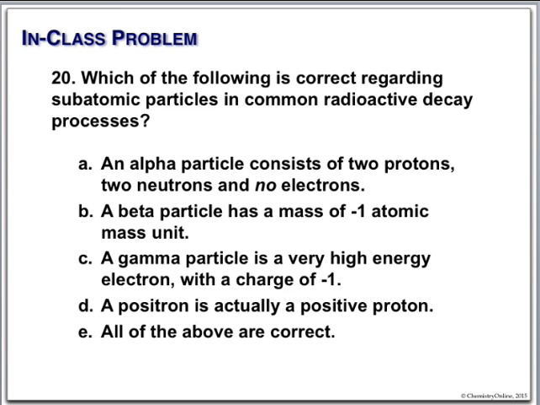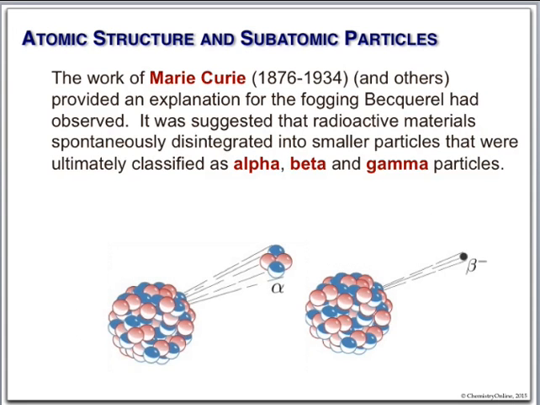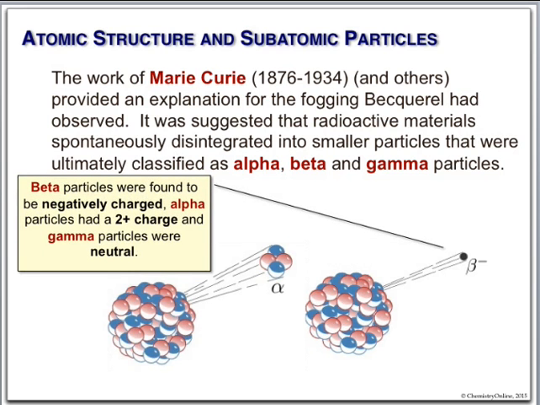So remember what we said about simple radioactive decay. There were 3 particles that we wanted to look at: alpha, beta, and gamma. Alpha particle, we said, had 2 protons and 2 neutrons. Because of that, it has a charge of +2. Beta particle is an electron, just an electron that escapes the nucleus.